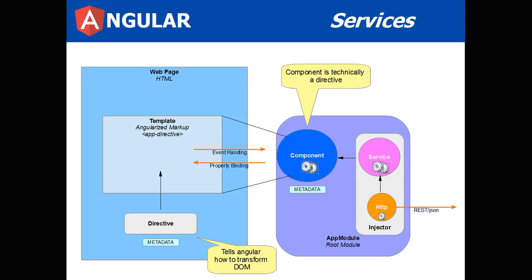And so when you construct an application and you use services as well as dependency injection, you basically say, well, I'm going to inject my HTTP service into my custom application service. And then I inject my custom application service into my application component.